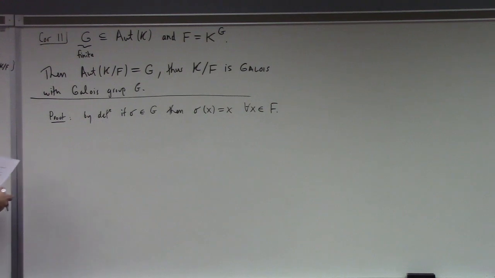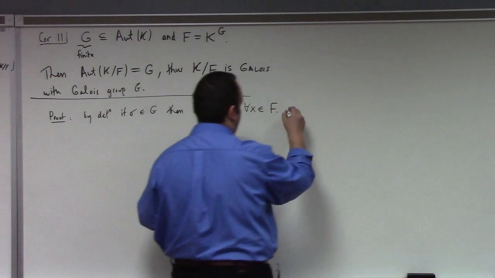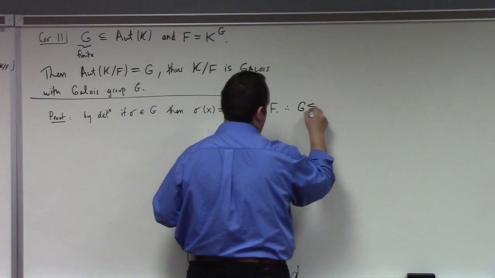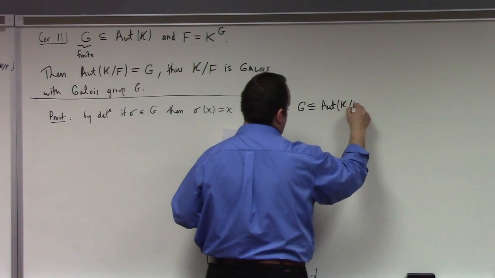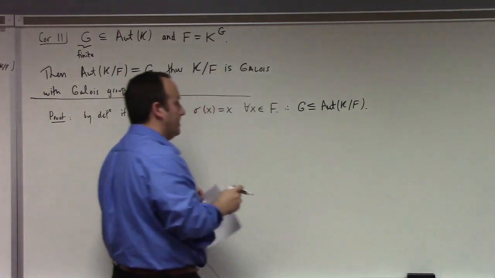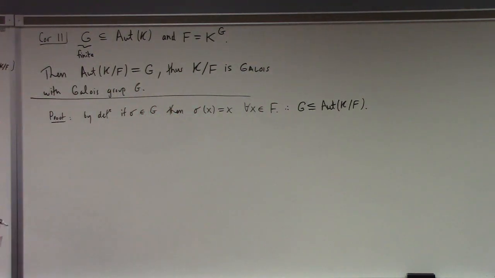So then what? He says that means that G is a subgroup of the F-fixing automorphisms of K. So we're trying to show equality. What do we need to do then?